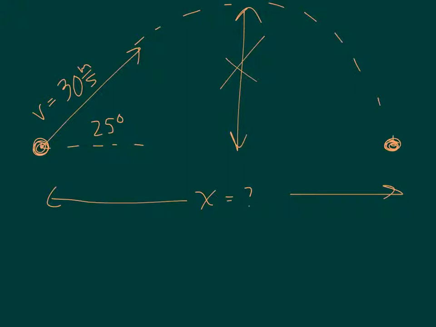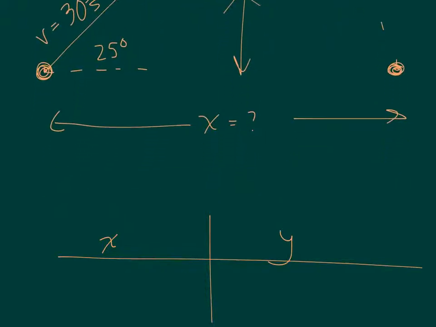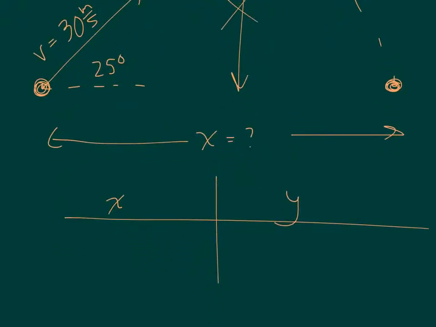So what we get as a result here for our table is the following. VIX equals VI cosine theta. VIY equals VI sine theta.